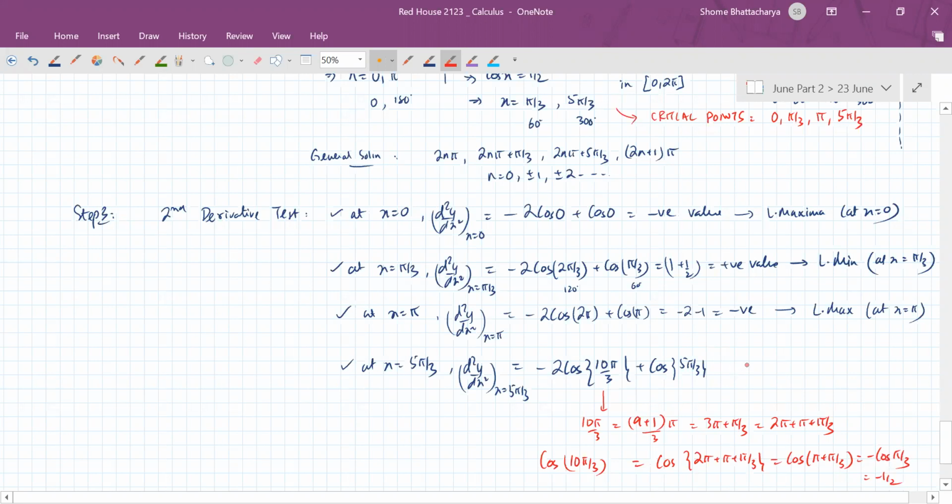So this becomes minus 2 into minus half, which becomes 1 plus cos 5 pi by 3, which we've already seen as half. So this is again a positive value. So again, we are getting local minima at x equal to 5 pi by 3.